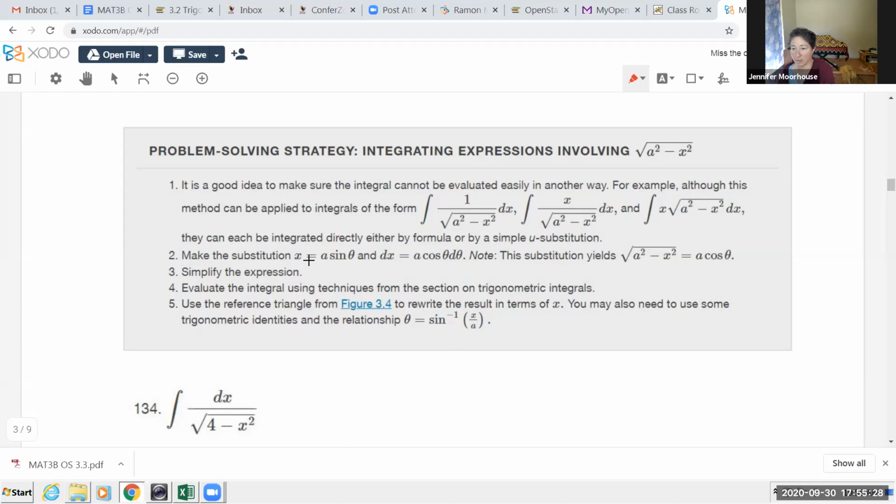So you make the substitution that x is a times sine of theta, whatever a is, and then dx is going to be a cos theta d theta, and so that square root you get to replace with a cos theta. Then simplify it as much as you can. Evaluate using the techniques that we've talked about from section 3.2, and then use your reference triangle to reverse the substitution.